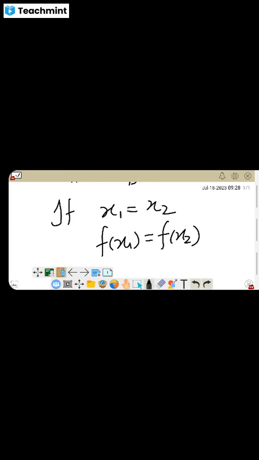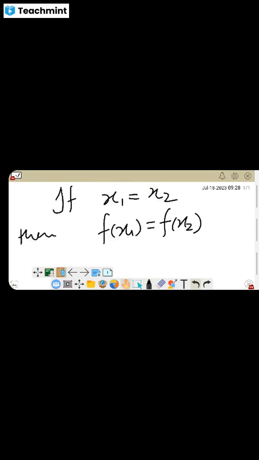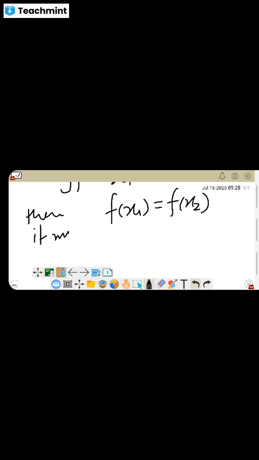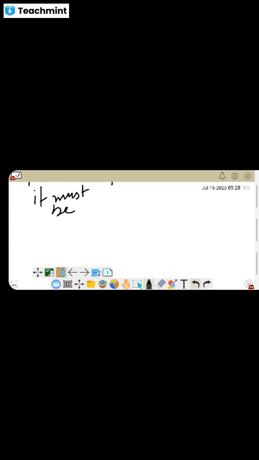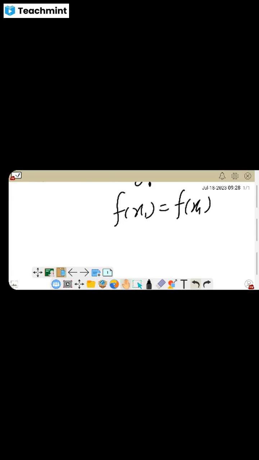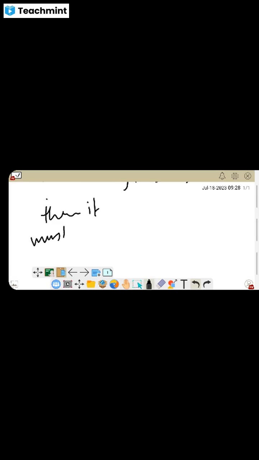Or sometimes, if the function values are equal, then it must be x1 is equal to x2.